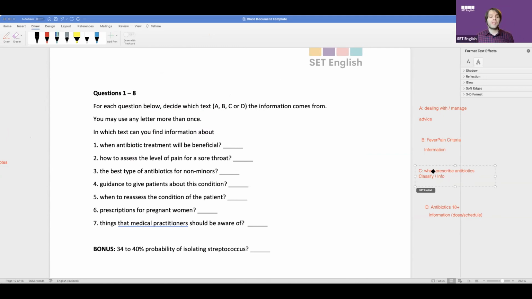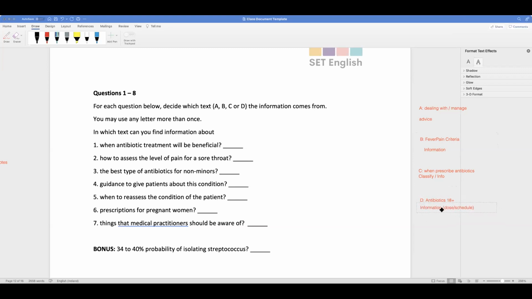Okay, 2, how to assess the level of pain for a sore throat? Assessment B. Fever pain B, criteria. Good. The best type of antibiotics for non-minors? It's D. Adult. What is a minor in the UK? I looked this up today. Under 18, officially under 18, yeah.